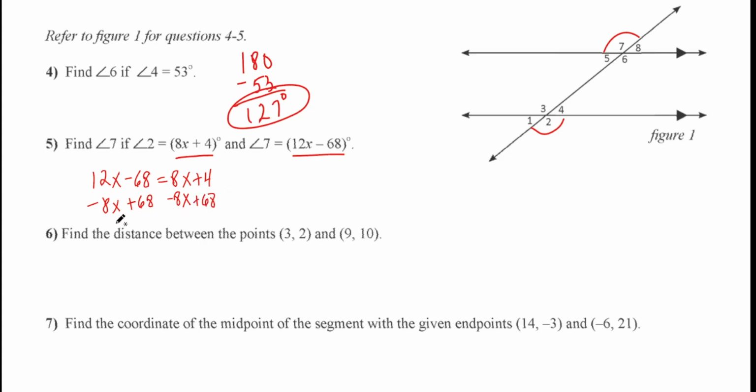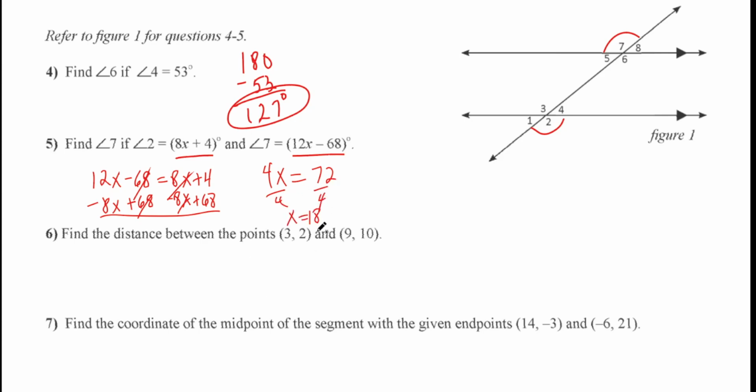What do you have? 12x minus 8x is 4x. That cancels. This cancels. I got equals, what's this? 72, right? And then what's that? 18? Yep, so divide both sides by 4, and x is 18.